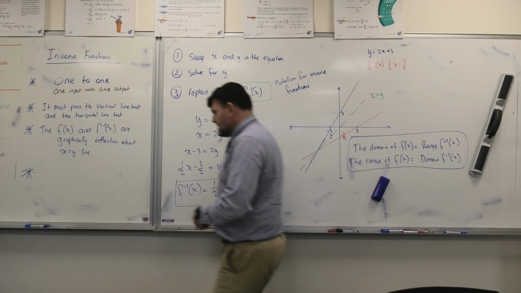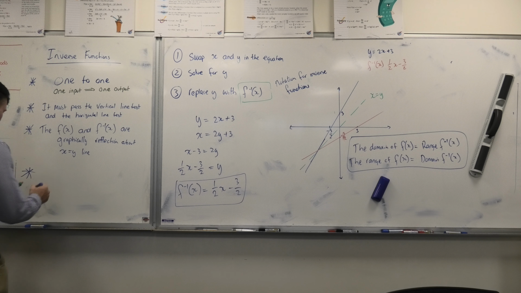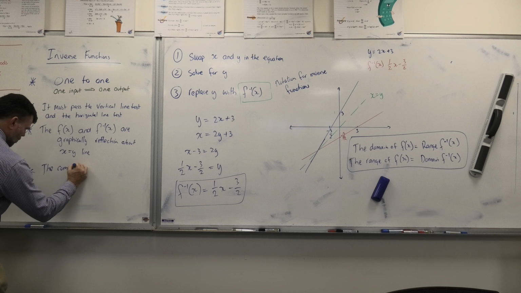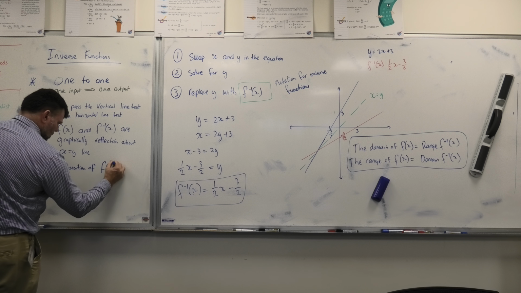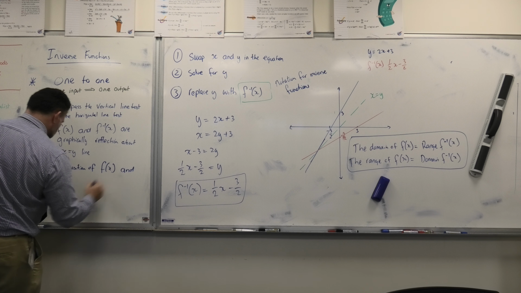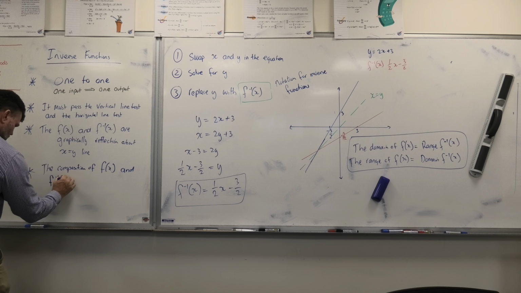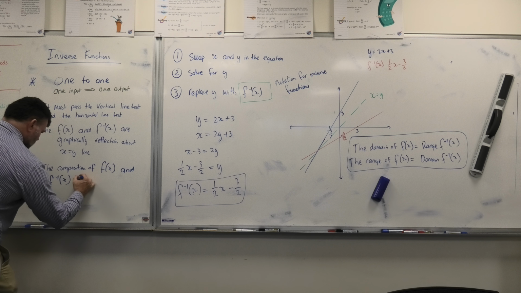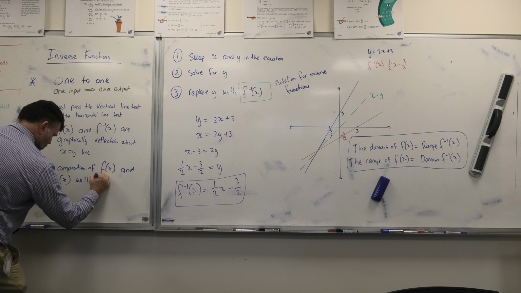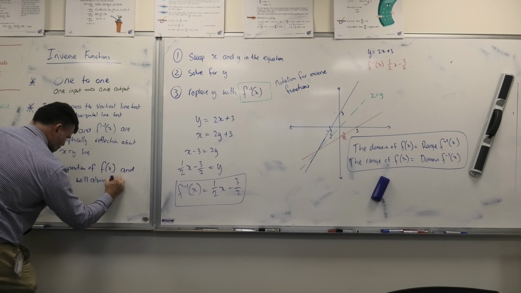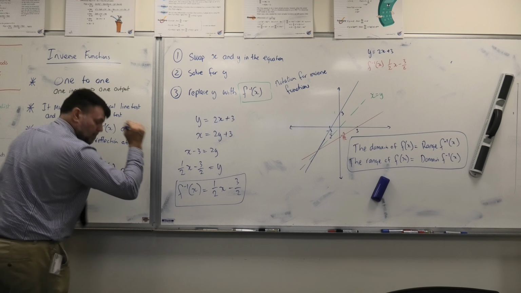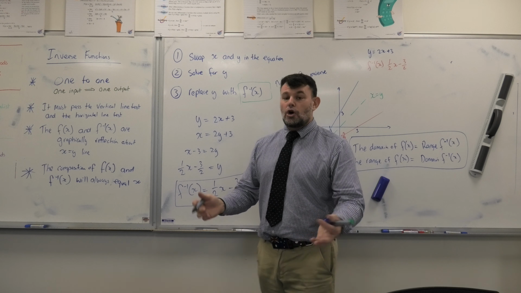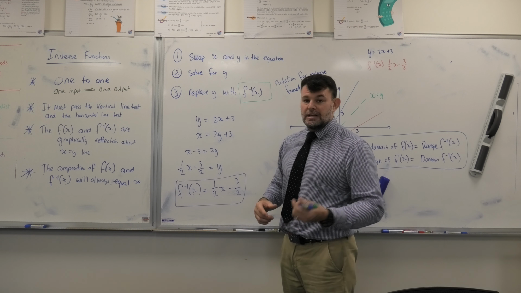And that last one is that, and we'll write it here now, the composition of f of x and its inverse will always equal x. Composition, remember, that's the composite functions that we looked at a little bit earlier.